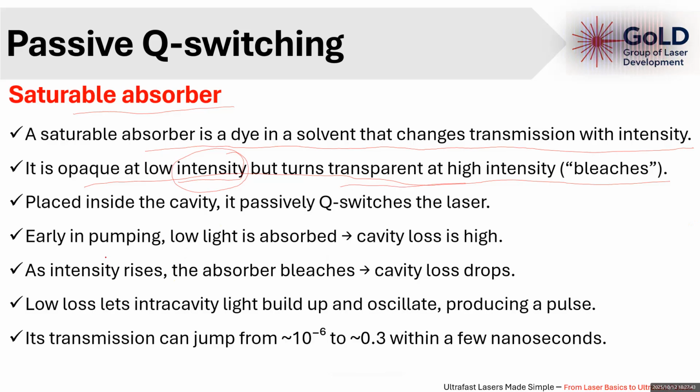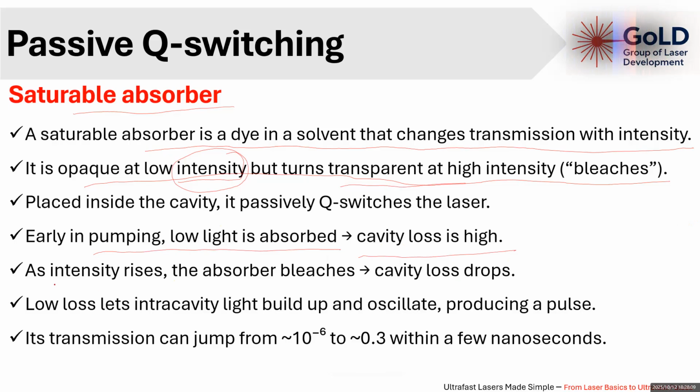Early in the pumping, when you start the laser and the lasing action starts, the intensity is low and the light is absorbed in this case. The cavity losses will be very high, and there is no output.